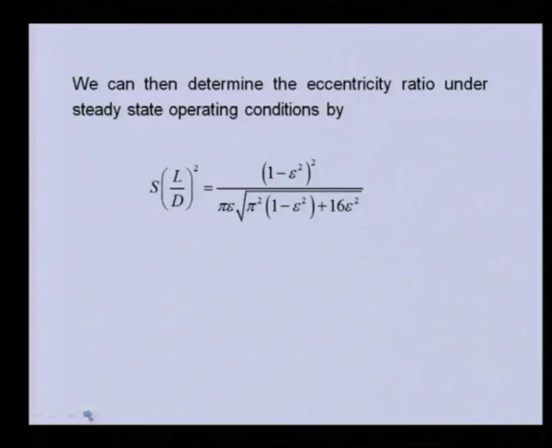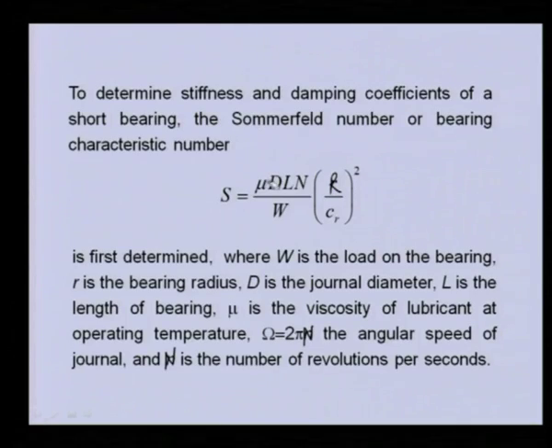Now this Sommerfeld number we can express in terms of epsilon, which is the non-dimensional eccentricity. You can see that the Sommerfeld number depends upon the bearing operating conditions, as well as the dimensions of the bearing and the property of the bearing lubricant.